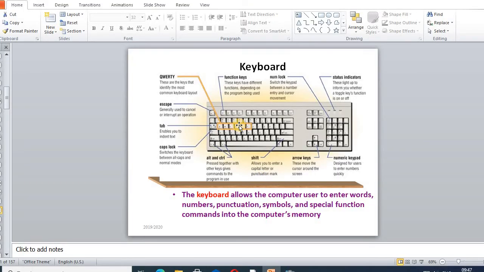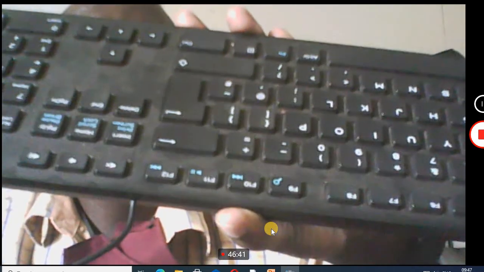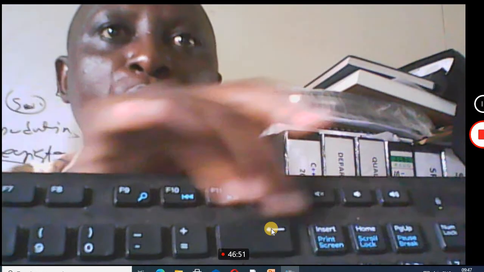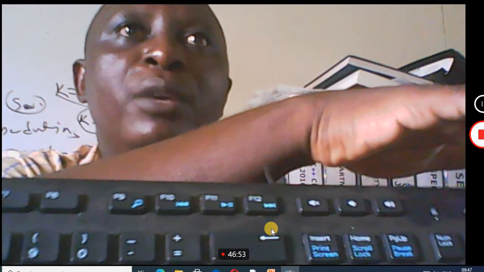Then we have the function keys. Function keys are not any other keys that we're talking about. When we talk of a function key, we are actually meaning these keys here, where you're seeing F1, F2, F3, F9.